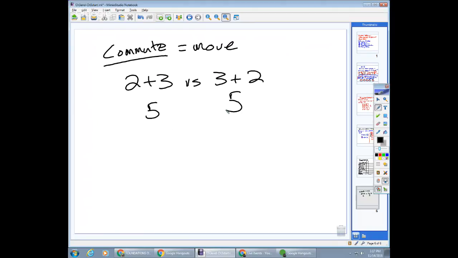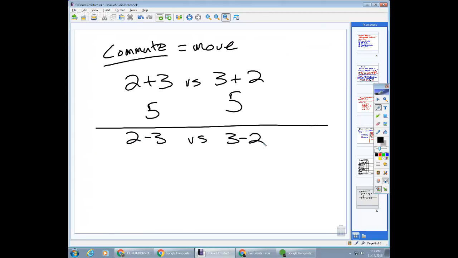Does that work with subtraction? 2 minus 3 versus 3 minus 2. That's a problem, right? -1 versus 1. So we cannot move subtraction elements around. Doesn't work.